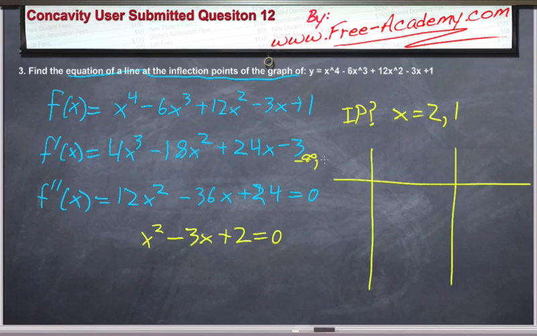So we have from negative infinity to positive 1, from 1 to 2, and from 2 to positive infinity as our intervals. We need to pick some test values, so I think 0, 3/2, and 3 would be pretty good test values.